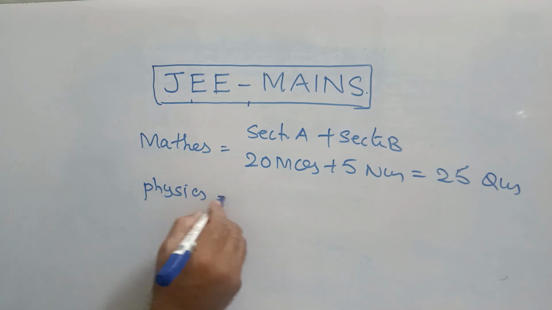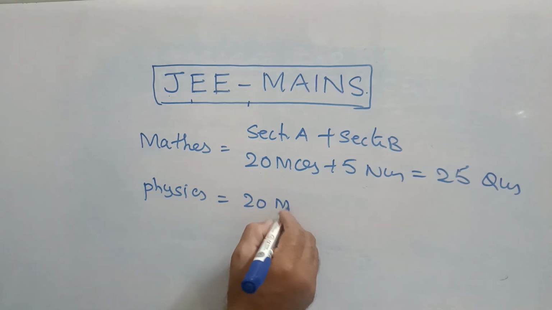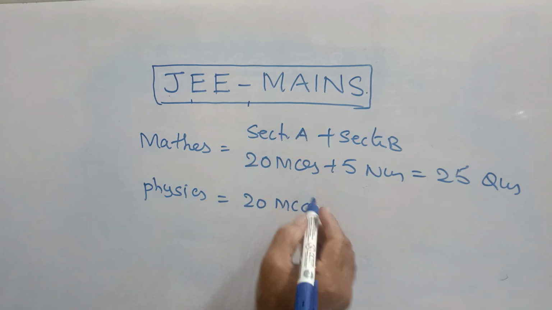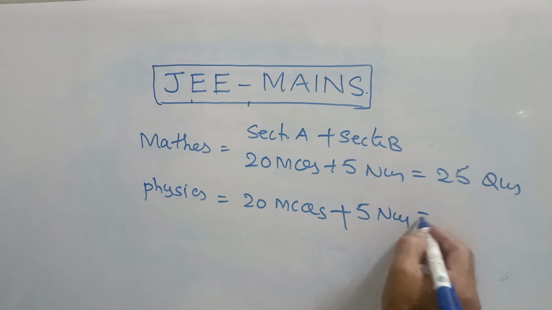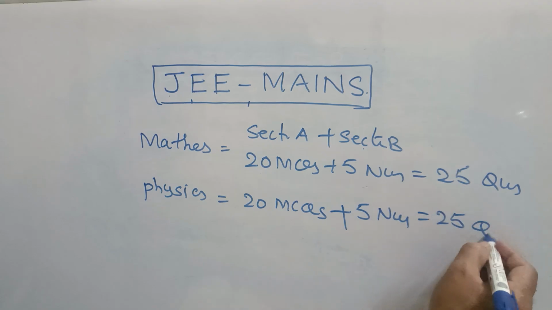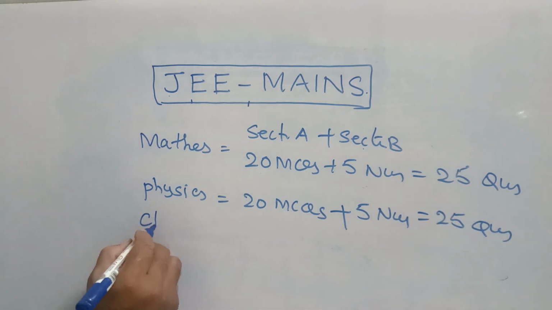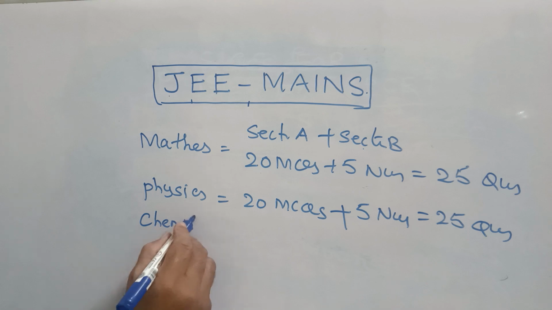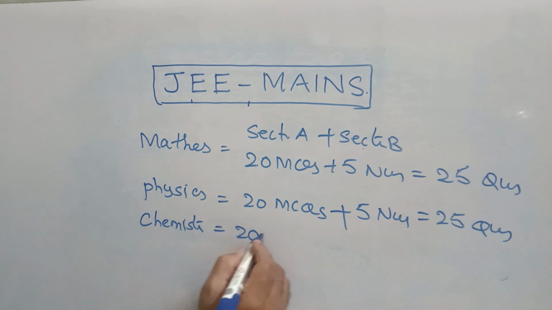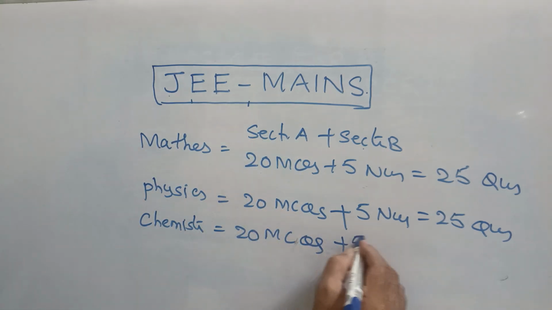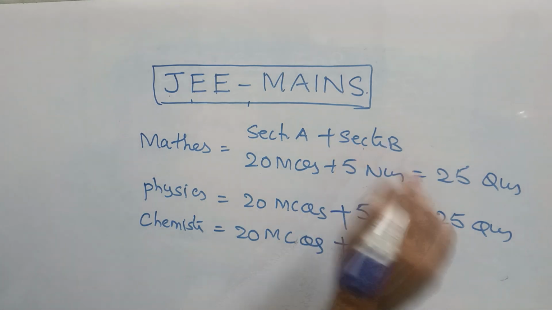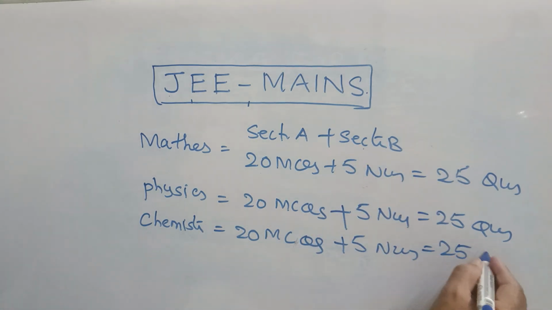Similarly, physics has 20 MCQs under section A and 5 numericals under section B, total 25 questions. And similarly from chemistry, 20 MCQs under section A and 5 numericals under section B, total 25 questions.